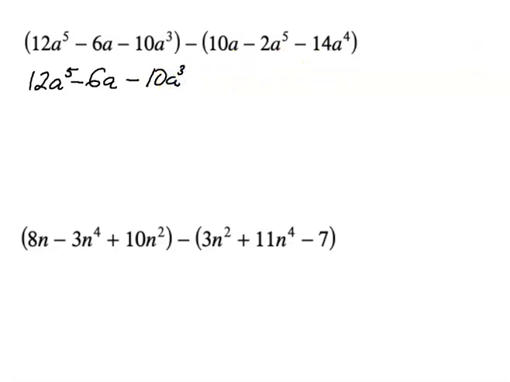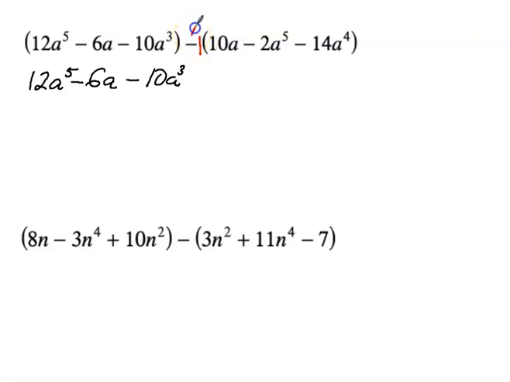When we have a negative sign in front of the parentheses, we're going to change all the signs in the parentheses to the opposite. The reason is that if there is a negative sign, it means that there is a negative 1. It's like an invisible 1, right? We call that the invisible 1.